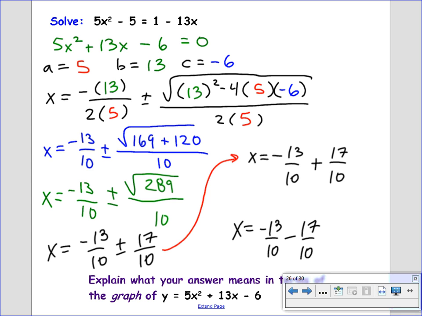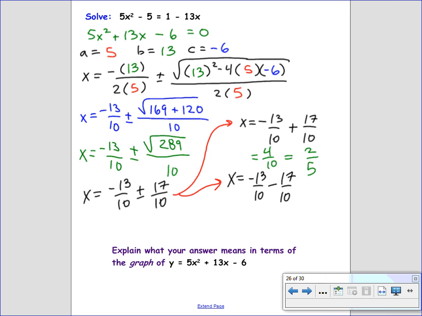In my first case, I get -13/10 plus 17/10 is 4/10. Is that what you guys are getting? So I'm getting 4/10, which is also 2/5. In the second case, -13/10 minus 17/10 is -30/10, which is equal to, that's much nicer, -3.